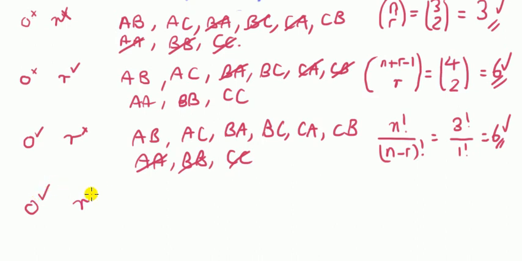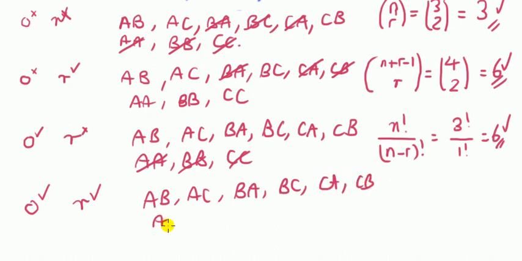Final one, order yes, repetition yes. So we'll list all this lot again. A, B, C. Now, order is important, so that means we keep this lot from the same as before.